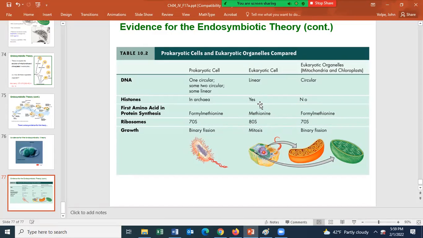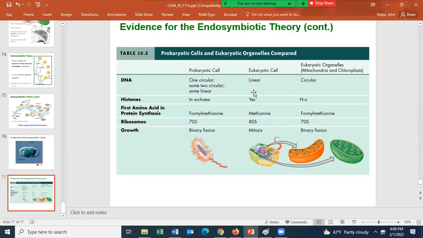In a eukaryotic cell, the DNA is surrounded by histone proteins. In the bacteria, there are no histone proteins in the DNA. There are no histone proteins in the DNA of the mitochondria and the chloroplast. And then saving the last for least, because it's the most, the eukaryote, when we look at the DNA, it's linear.